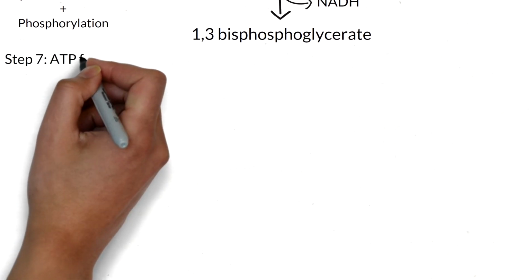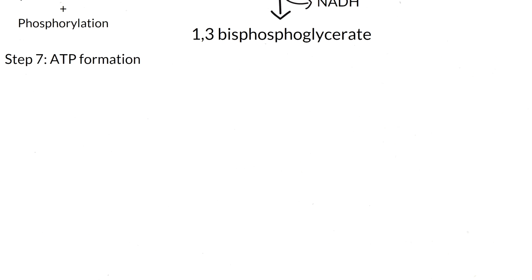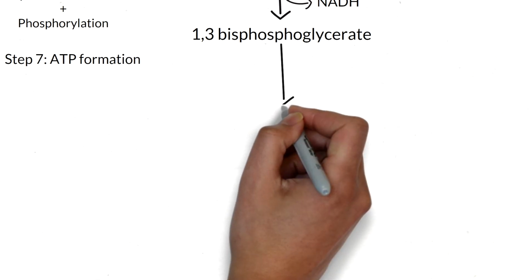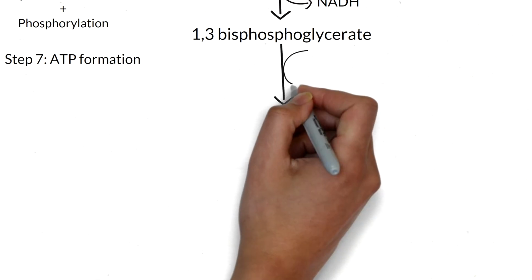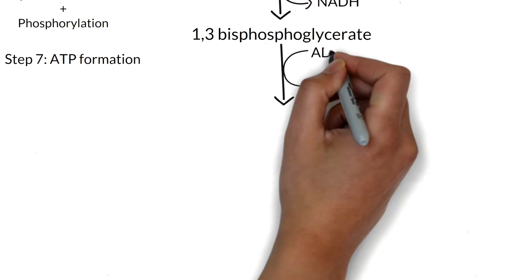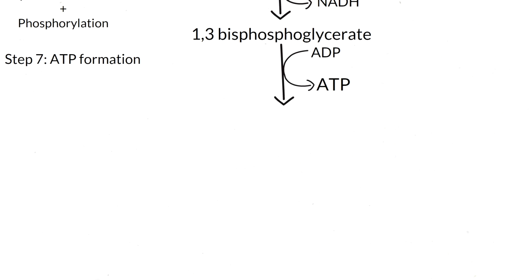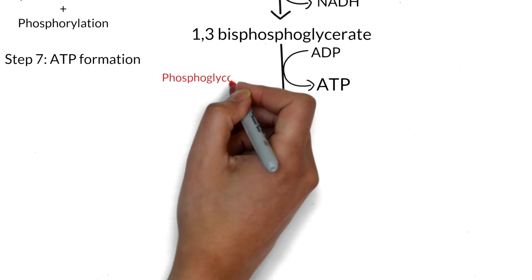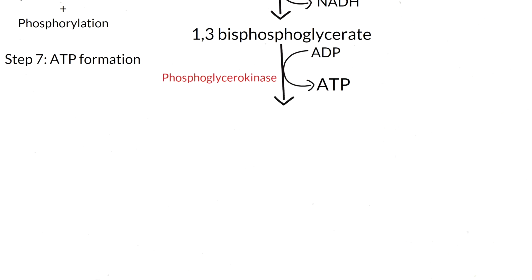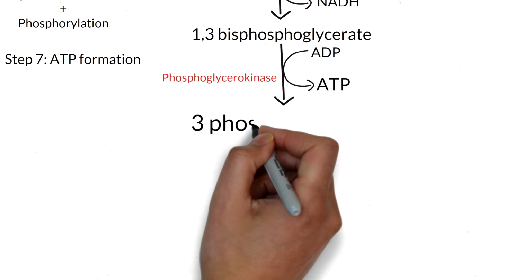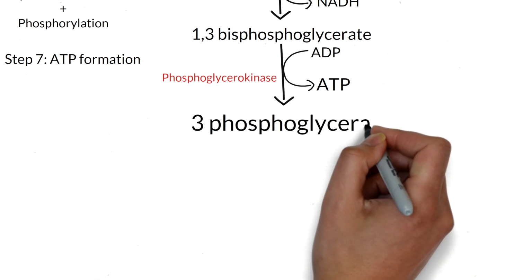In step 7, the first ATP is formed. ADP removes the phosphate from carbon 1 in 1,3-bisphosphoglycerate and produces ATP. This occurs through the catalysis of phosphoglycerokinase for the production of 3-phosphoglycerate.